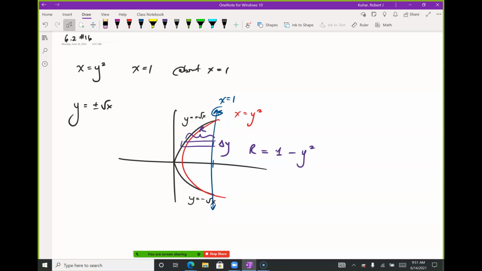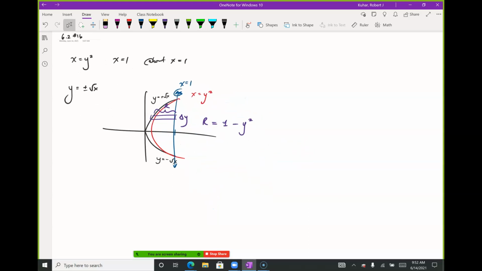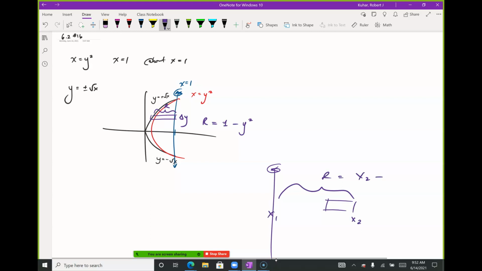It's always from the axis of revolution to the end of the rectangle. So for example, if my rectangle was here and my axis of revolution was here, capital R would be x2 minus x1. It's always right minus left, from the axis of revolution to the furthest end of the rectangle for capital R. So even though I'm going from here to here, I still want a positive, so I have to do right minus left. Okay. It's strange.